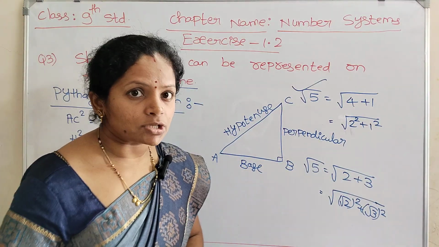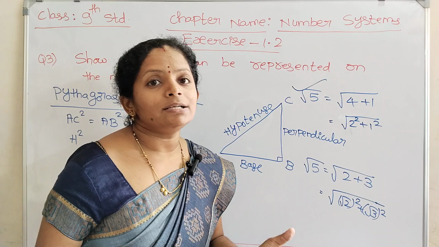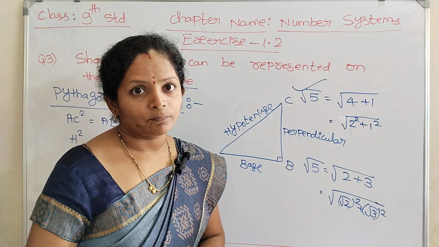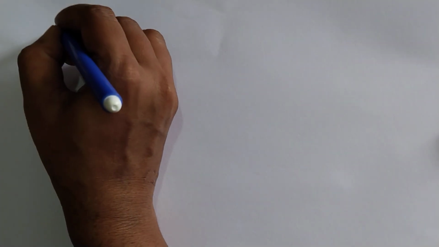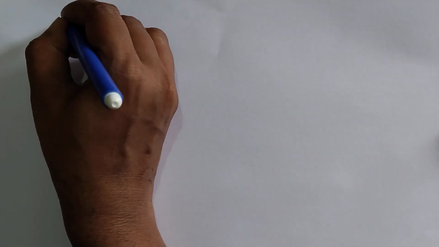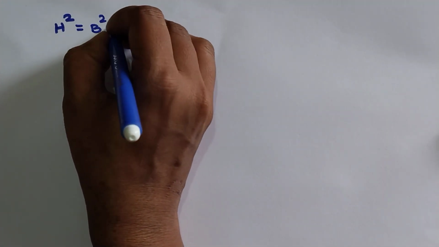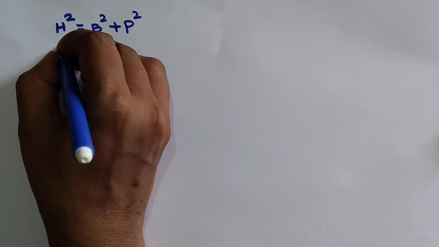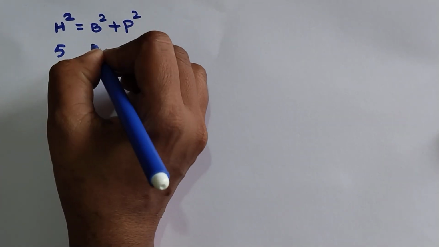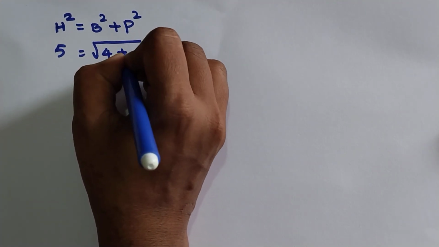To solve this question, we have to take the help of the geometry box. Now, let's move towards it. Just now we discussed that hypotenuse square is equal to base square plus perpendicular square. This 5 can be represented as under root of 4 plus 1.